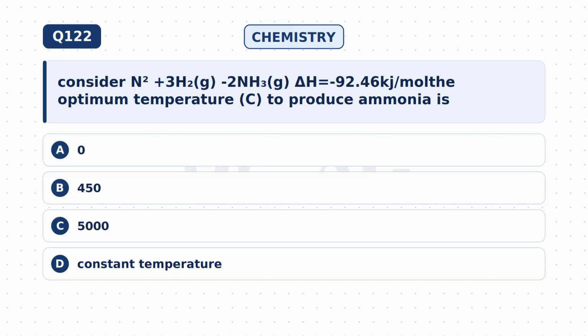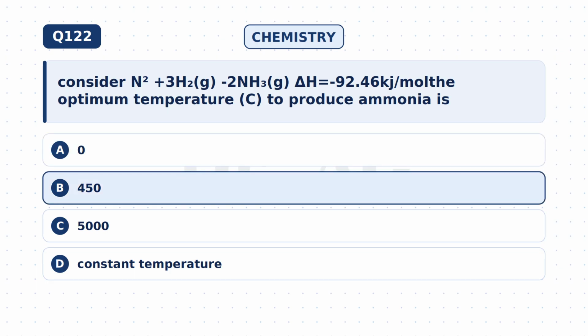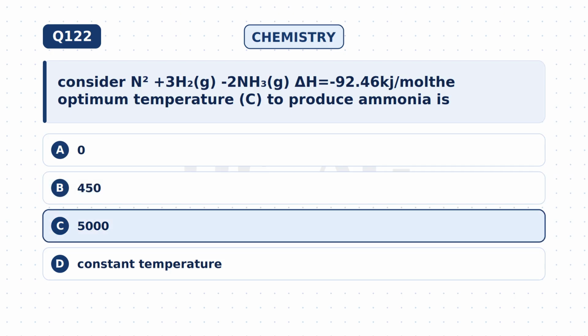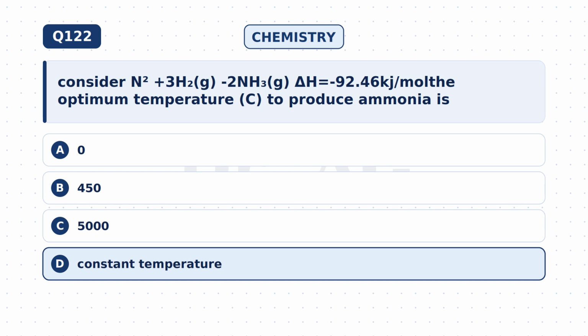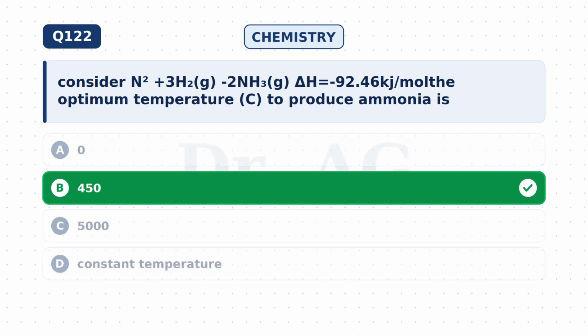Question 122. Consider N2 plus 3H2 gives 2NH3, delta H equals minus 92.46 kJ per mole. Optimum temperature in degrees C to produce ammonia is: Option A, 0. Option B, 450. Option C, 5000. Option D, constant temperature. The correct answer is B, 450.